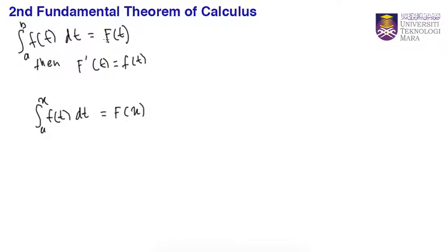It's just the same as above. When you integrate this, we will get F(x) because when you integrate the x terms, it will leave your answer in terms of x.